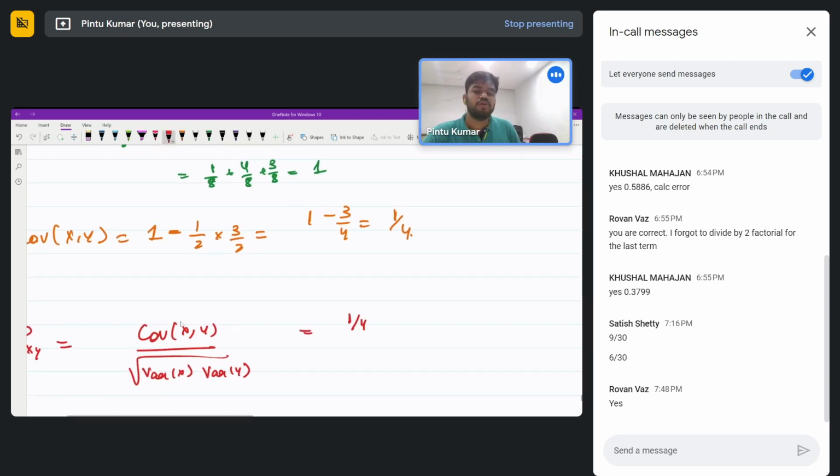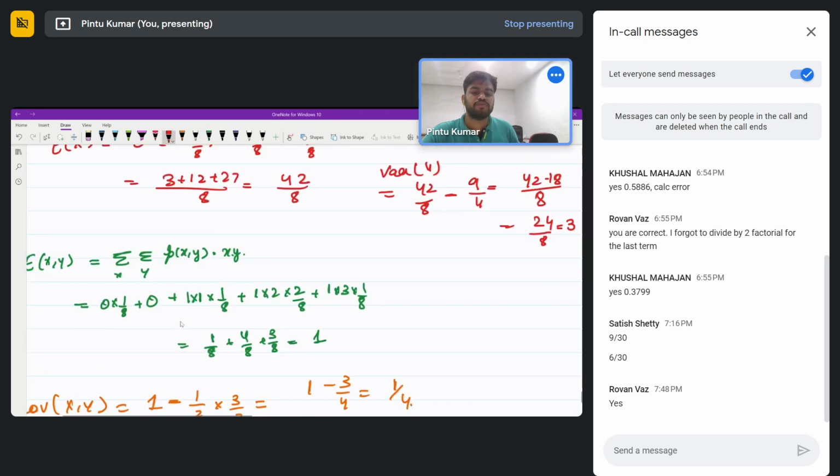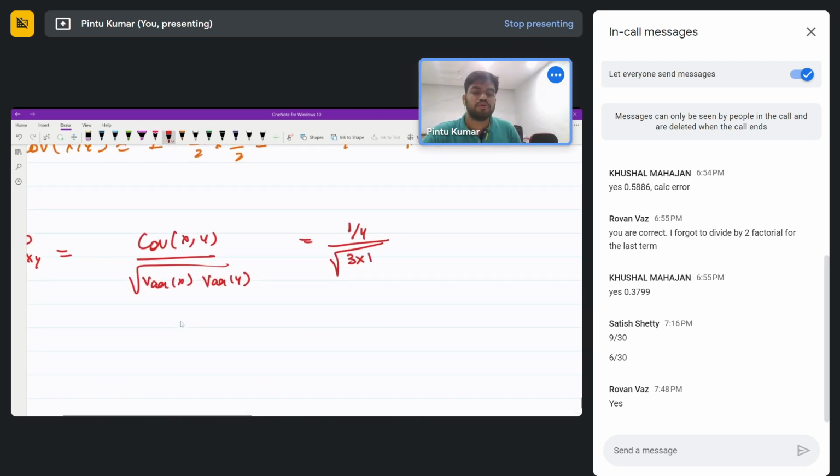This is 1 by 4 divided by square root of 3 by 4 into 1 by 4, right? So this is 1 by 4 divided by square root of 3 by 2, which is 1 by 2 divided by square root of 3.